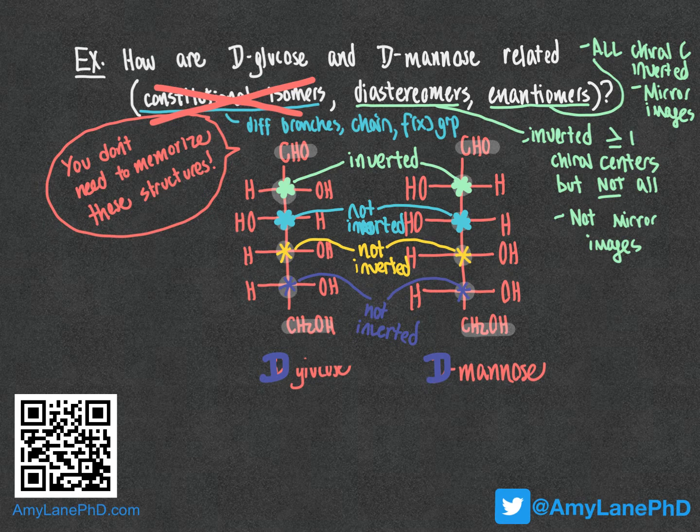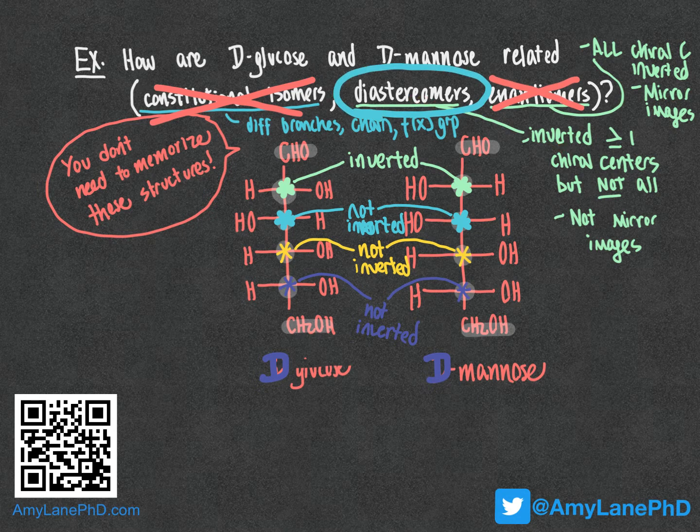So taking a look now at all of these chiral centers, what we see is that only one of them has inverted in going from D-glucose to D-mannose. As a result, the relationship between the two structures we would not describe as enantiomers, because enantiomers would refer to all the chiral centers being inverted in terms of who's left and who's right, but instead only one of them has changed, and therefore we would refer to the two structures being related as diastereomers.